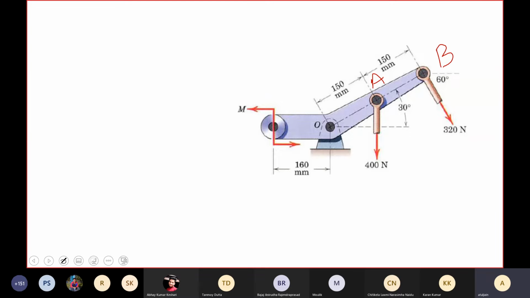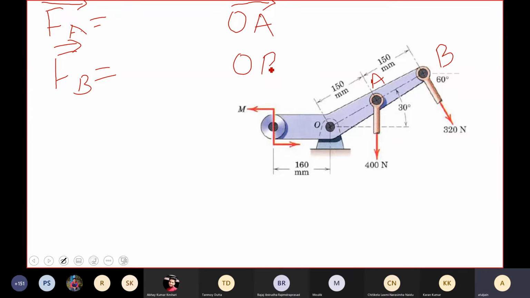What is vector FA? What is vector FB? You need to calculate this, and then you will also need vector OA, vector OB.